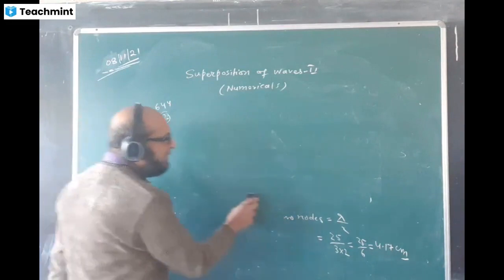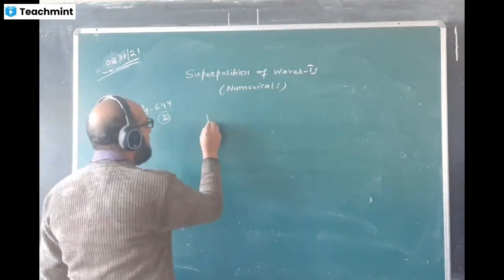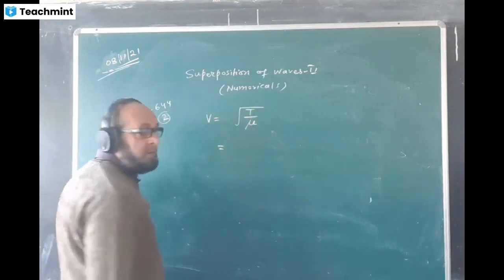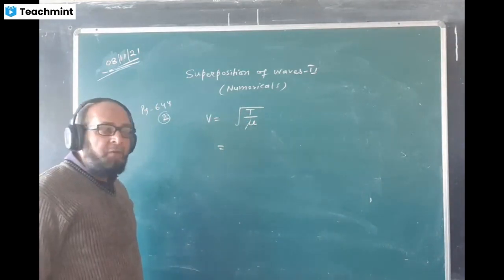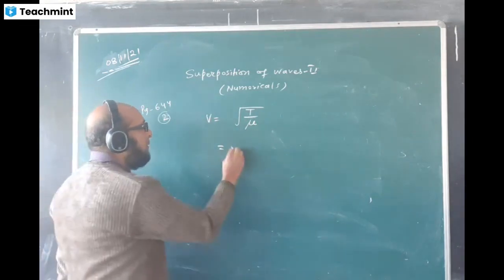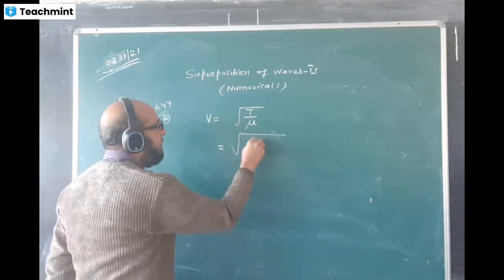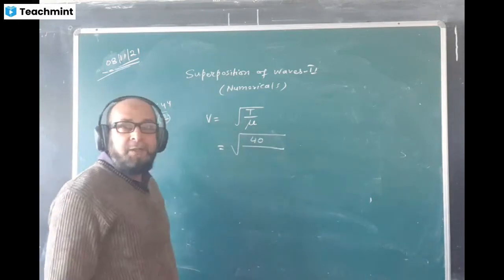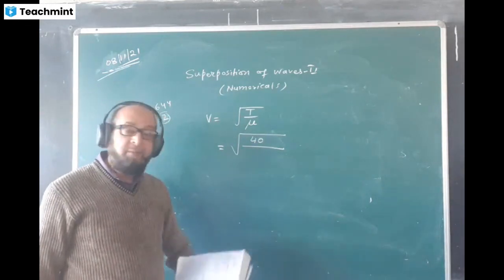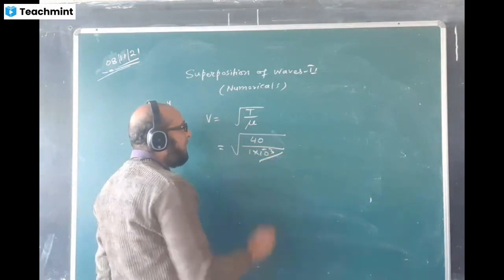What is the formula of velocity in a straight wire? Velocity formula is root of T upon mu. This is the formula of velocity of a transverse wave in a stretched string. T by mu. Tension, how much is the tension value? 40. This mu stands for mass per unit length. What is the mass given in the question? 1 gram, but we'll change it in kg. So that's 1 into 10 to the power minus 3 per unit length.